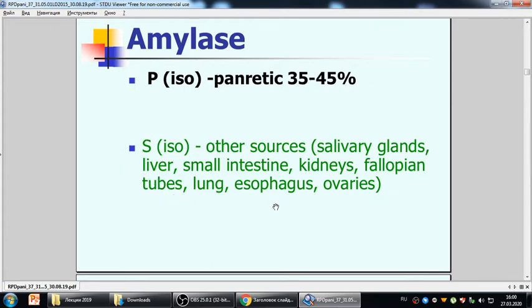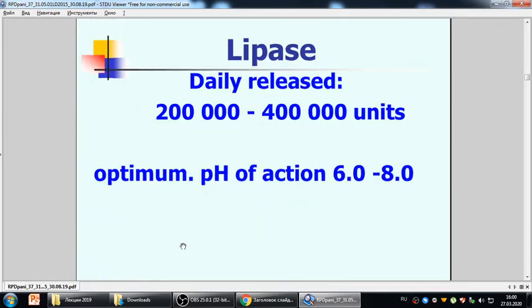S amylase may also increase in any kinds of tumors like ovarian tumor or esophageal or lung tumors. That's why increased amylase does not belong only to pancreatic damage; amylase may increase in other kinds of diseases also.